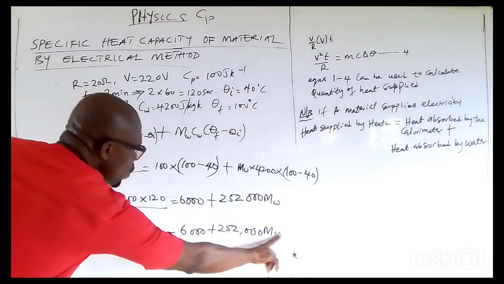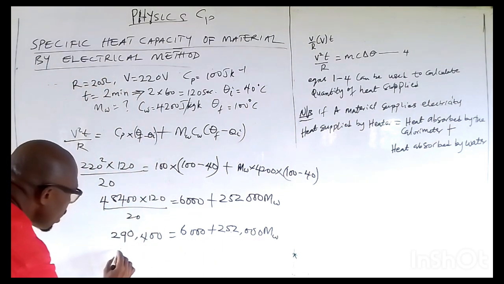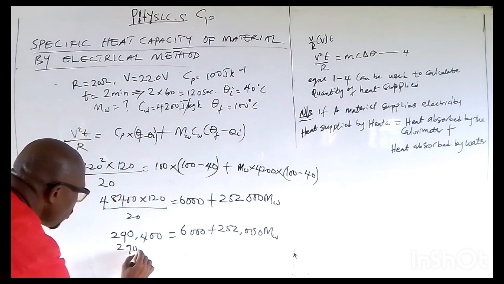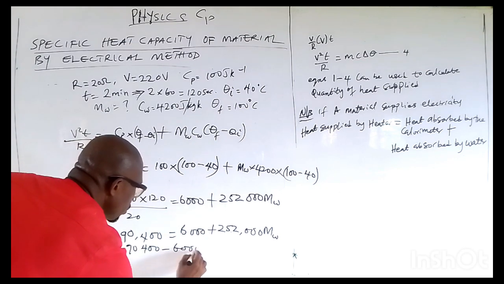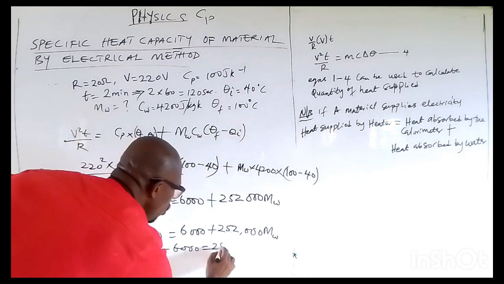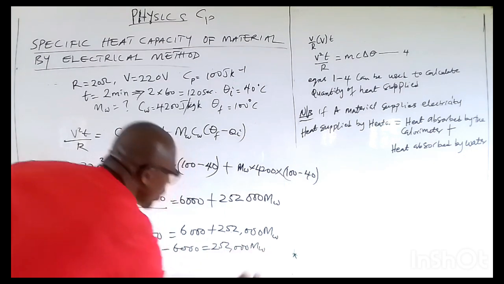Collecting like terms, we shift this one here. We now have 290,400 minus 6,000 is equal to 252,000 MW.